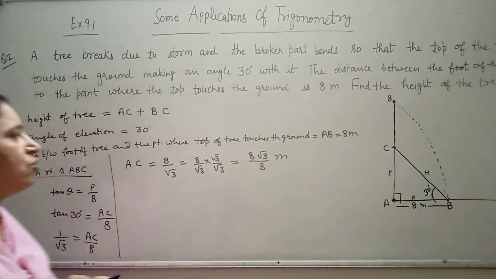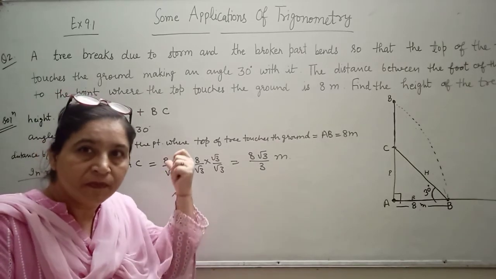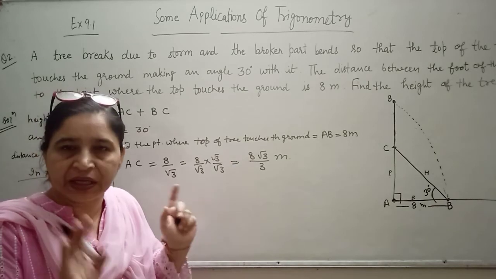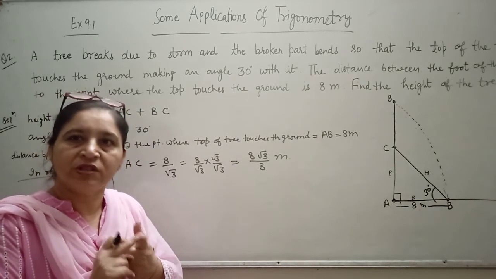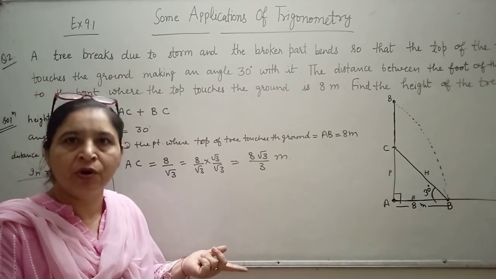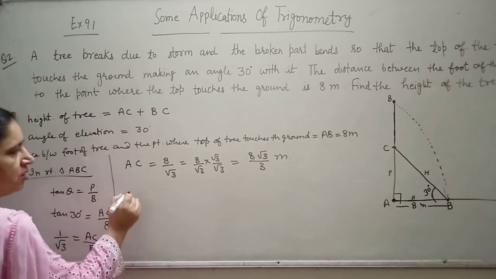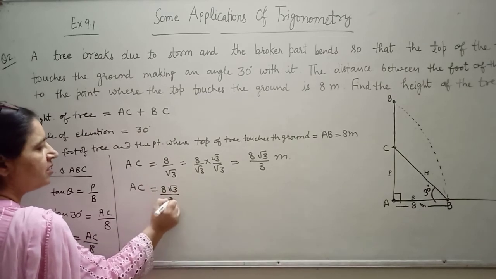And whenever it is given in the question, and you don't put that value of √3 or √2, whatever it is, then your marks will be deducted. So put the value whenever it is given in the question. Otherwise, no need to put that value from your side. So value of AC is equal to 8√3 by 3 meter.